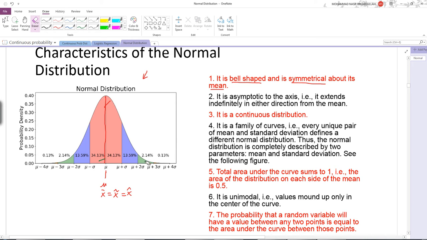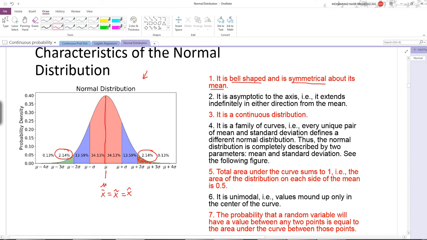And this is the important part. If you want to remember one thing about normal distribution, you just need to know that the area on the right hand side is equal to the area on the left hand side. So if we want to find the area here, this is 2.14% area.